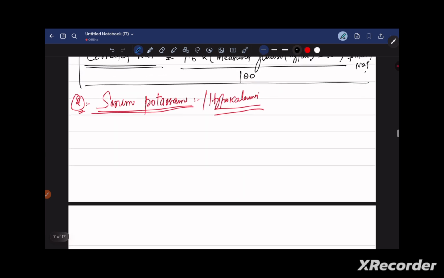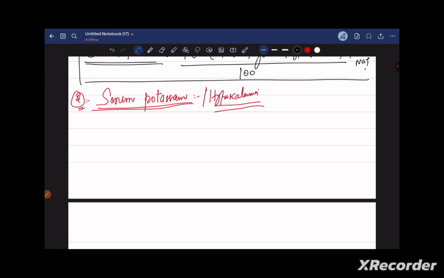But later on, potassium follows the water. Since there is increased tonicity of the extracellular fluid, there is increased production of ketone bodies and glucose.